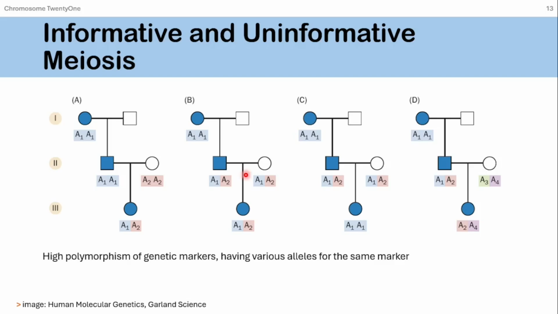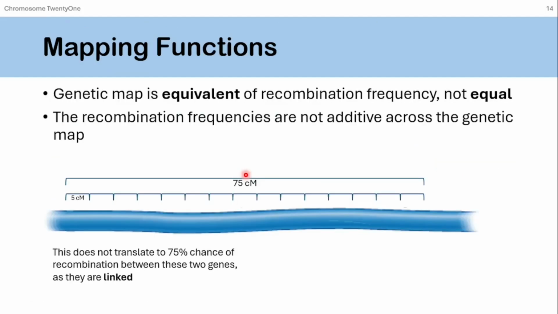As I said, genetic recombination translates into the genetic map, but this is not exactly equal. Looking at one such example, when you have several loci, all of them 5 centimorgan apart, the end to end distance becomes 75 centimorgan.